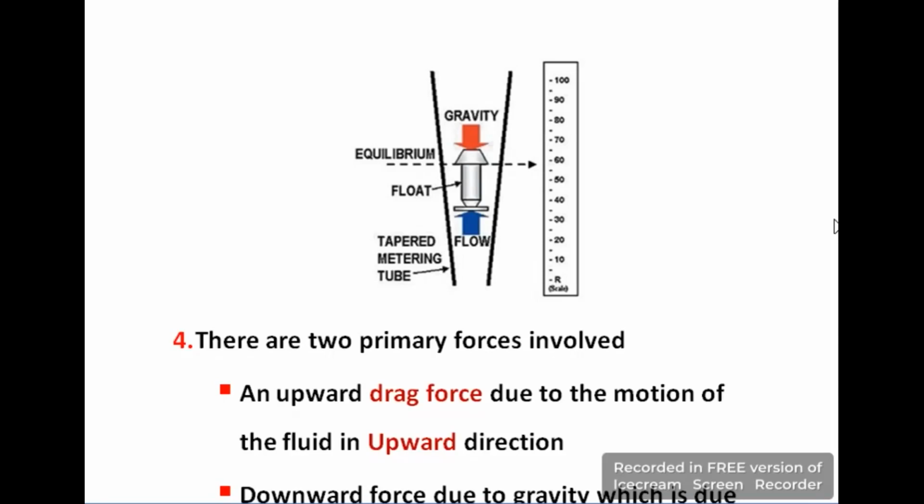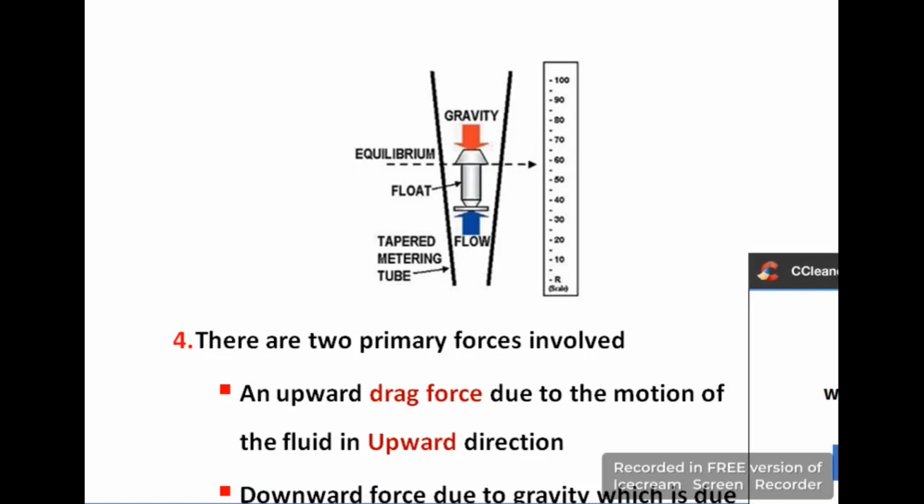Now I tell you about the float working, how it deals with the fluid around it. So two types of forces are involved in this process. The first one is drag force. So what is drag force? Drag means using force to move an object forward.